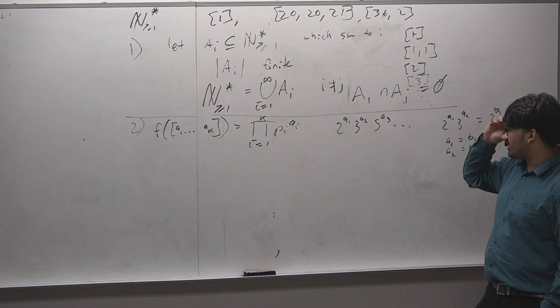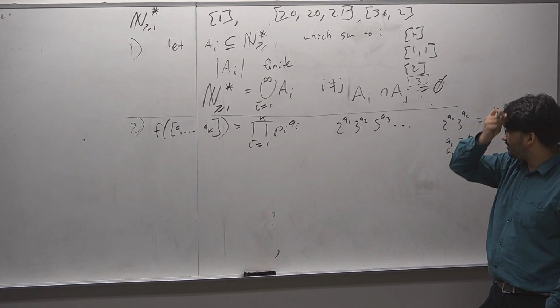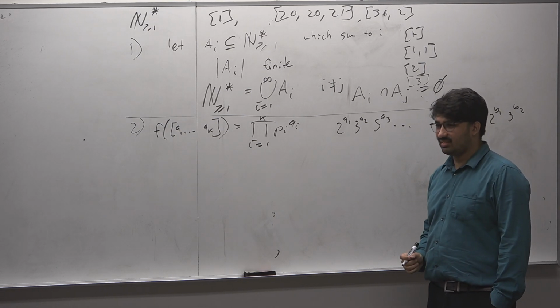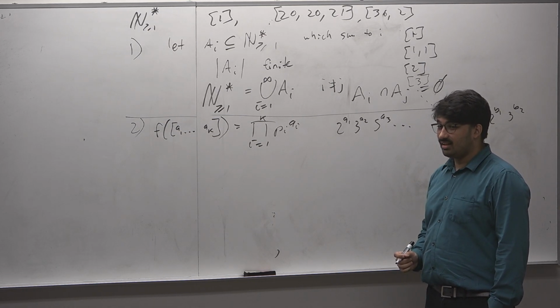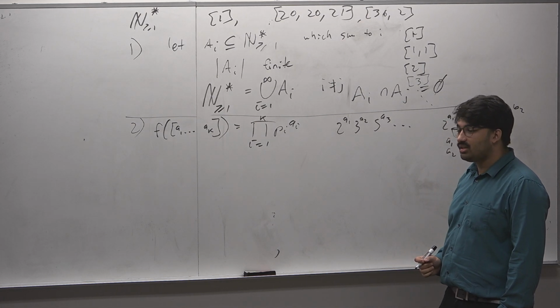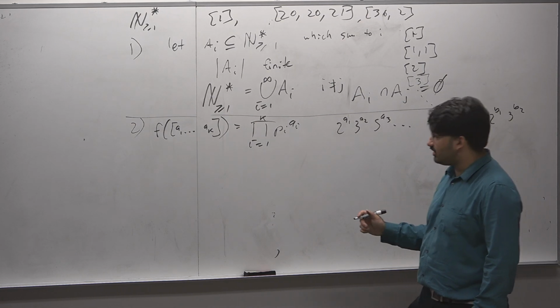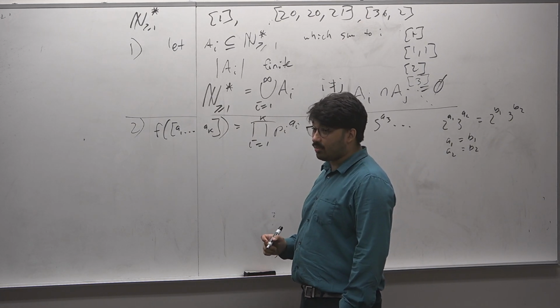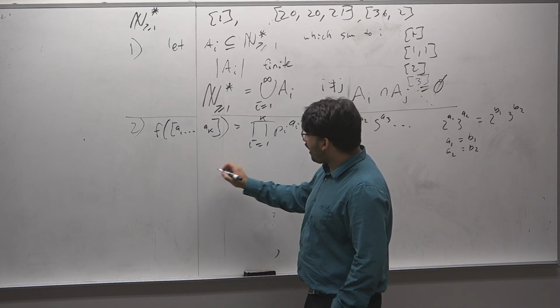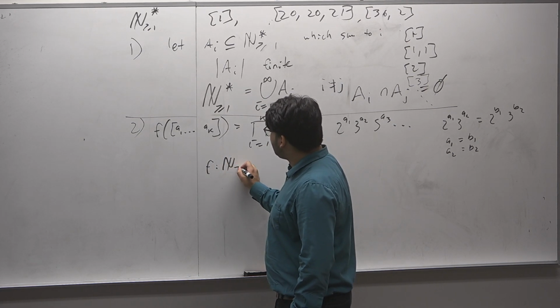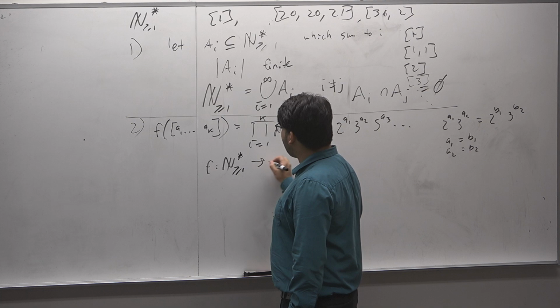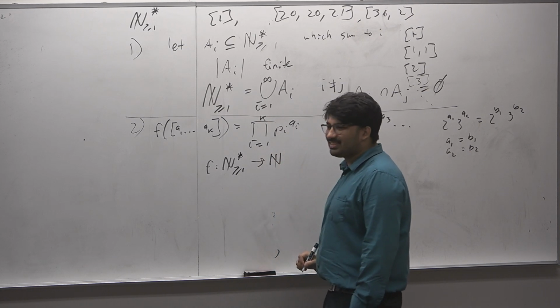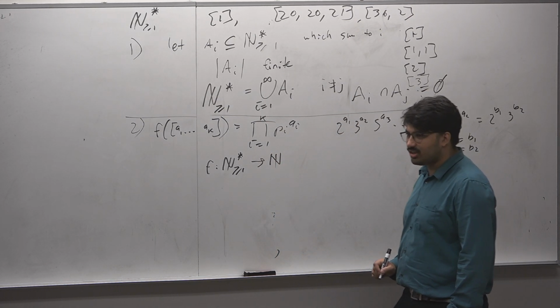Does it get surjectiveness? It doesn't matter, actually. It turns out you don't need surjectiveness for countably infinite as long as you're going into the naturals. F is some function which takes these sequences and maps them into, let's say, the natural numbers. But it's not surjective, right?